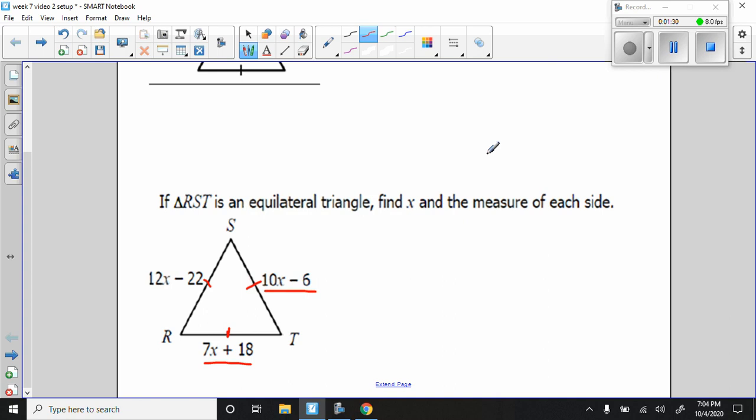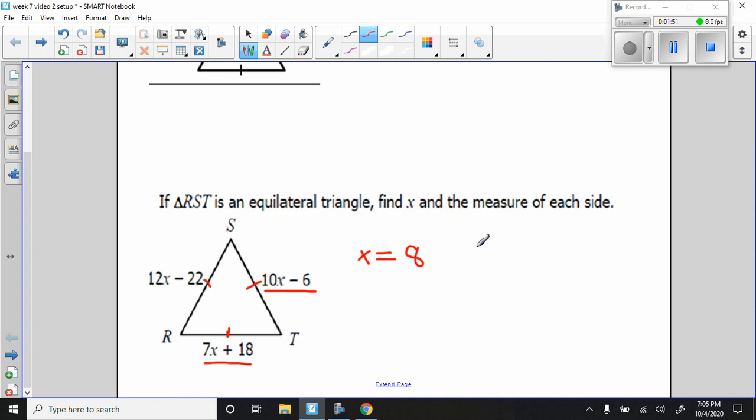I'm going to pause for 5 seconds, and you can pause the video and solve that for me. Okay, so I got x equals 8.